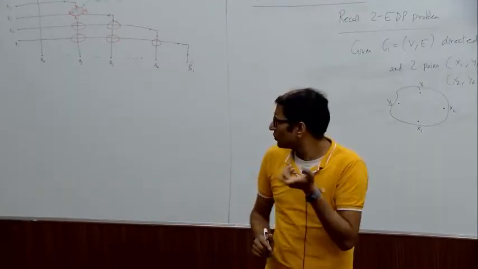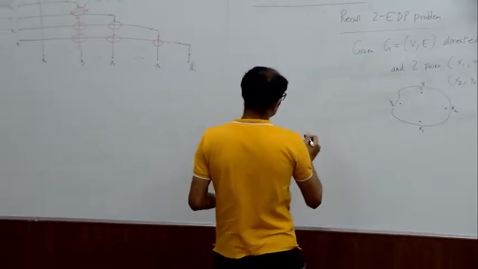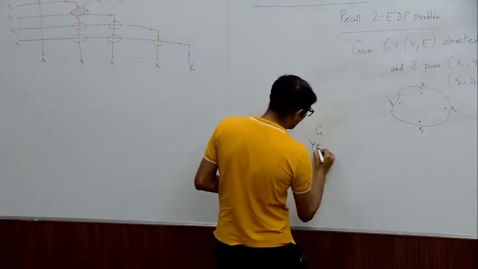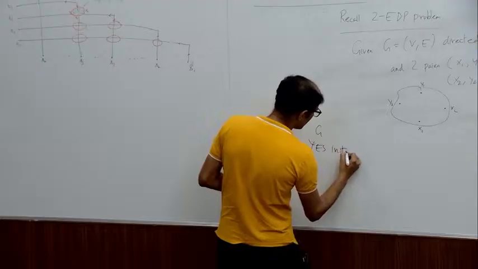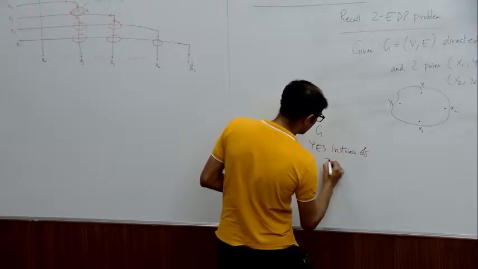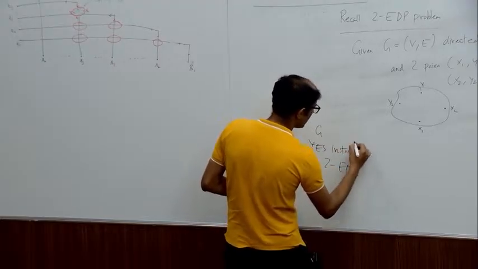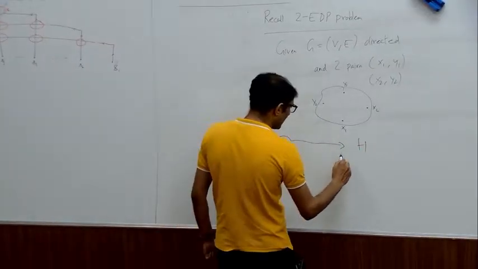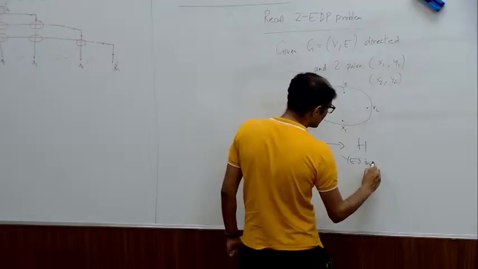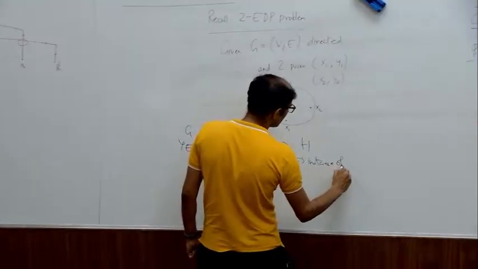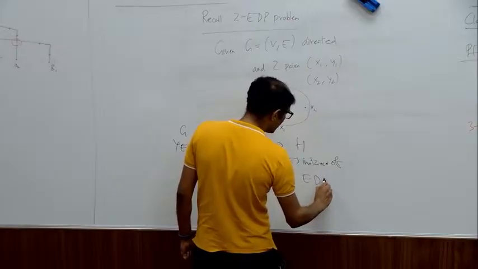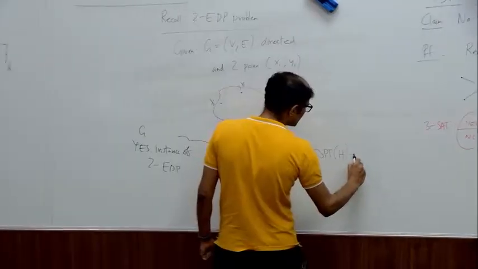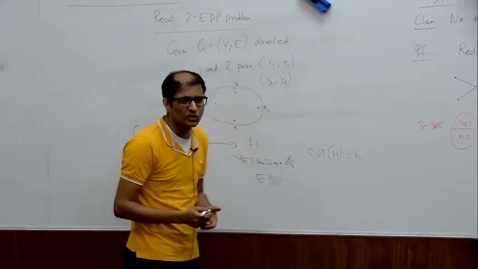On the other hand, maybe I should say that if G was a yes instance of 2EDP, the reduction produces for you a graph H, which is in fact a yes instance of EDP, which means that opt of H is in fact n, because I could route all the n sourcing pairs.